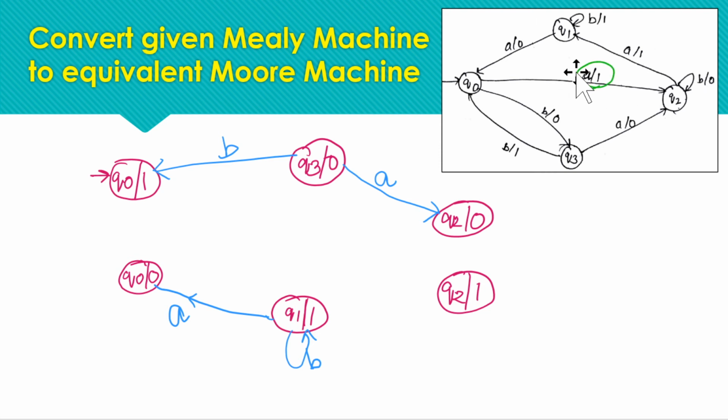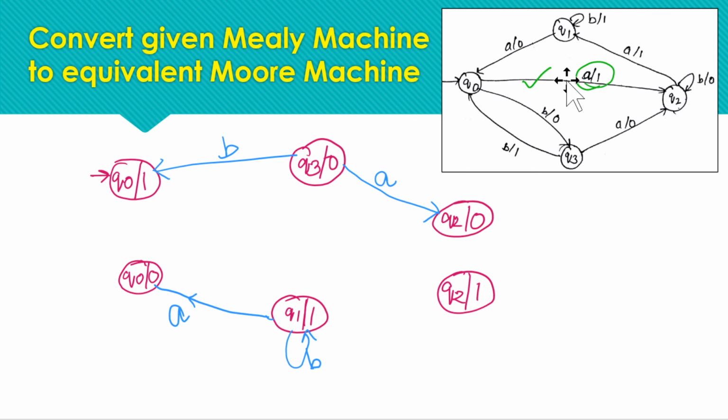For input symbol A we are moving to the state Q2 and generating the output 1. So from Q0 for input symbol A we need to move to the state Q2, but the Q2 that is with output 1.